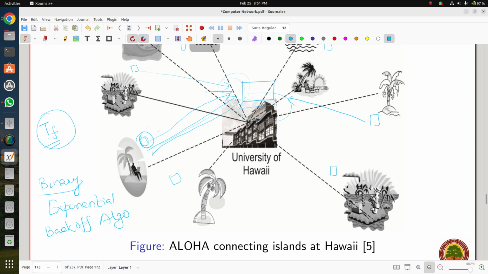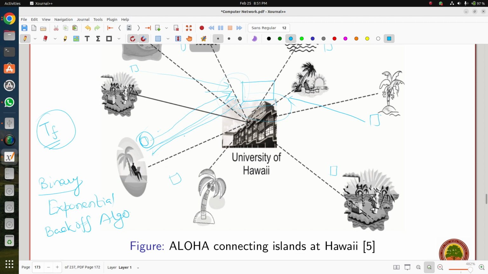How much is the frame transmission time? When the frame transmission is complete, you send a packet and then you get the response, that means an acknowledgement. So ALOHA actually uses an acknowledgement feature, because until the receiver tells you, you will not know whether your transmission was successful or not.